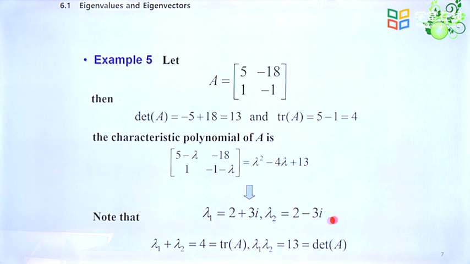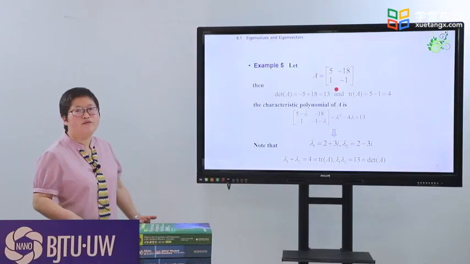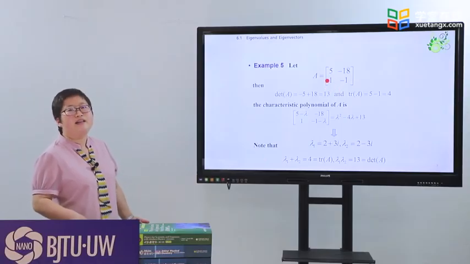You can get its eigenvalues: lambda 1 equals 2 plus 3i, lambda 2 equals 2 minus 3i. Then lambda 1 plus lambda 2 equals 4, which equals the trace of A. We can check the conclusion we just obtained by mathematical analysis.